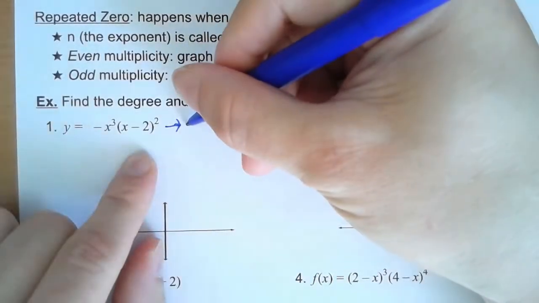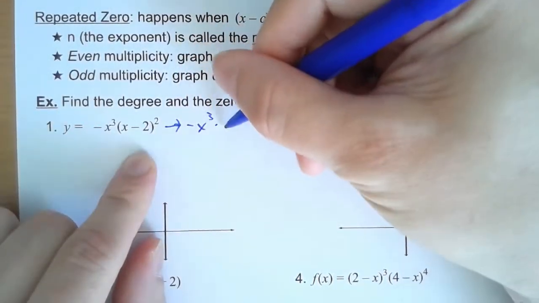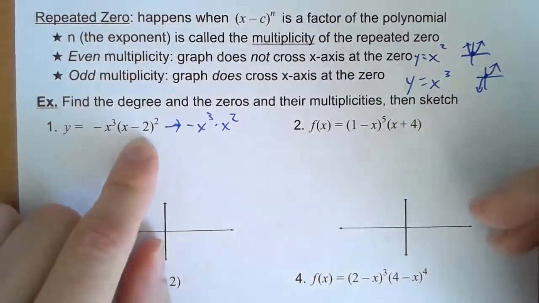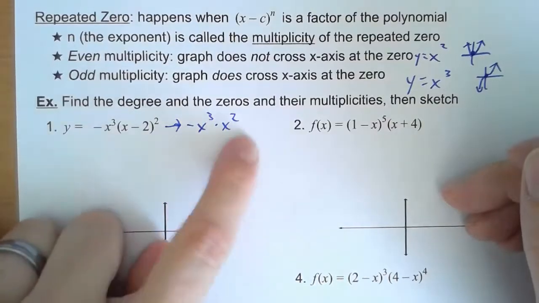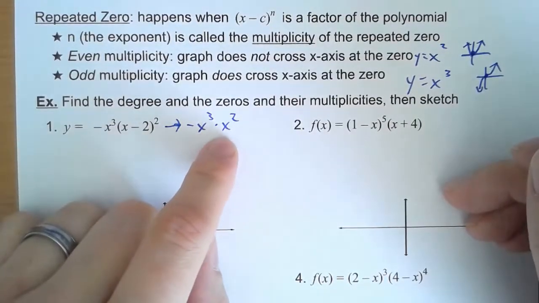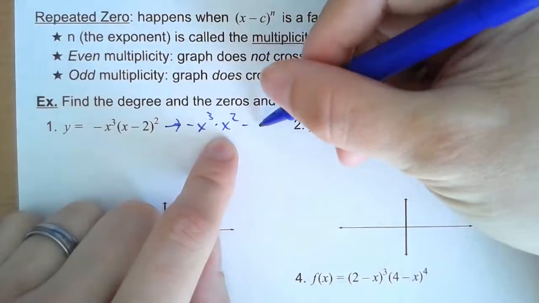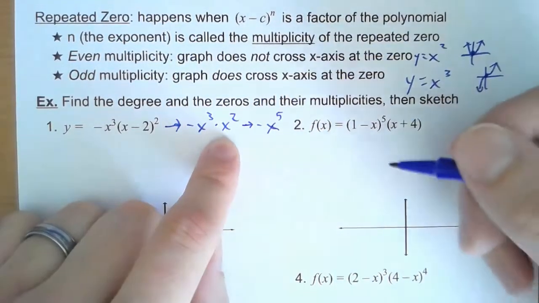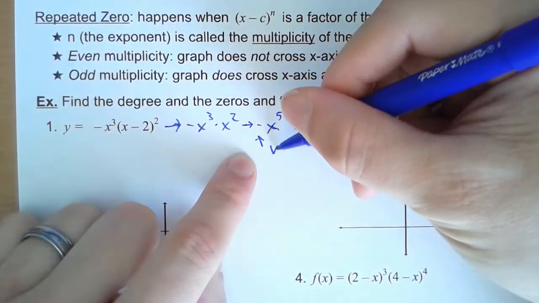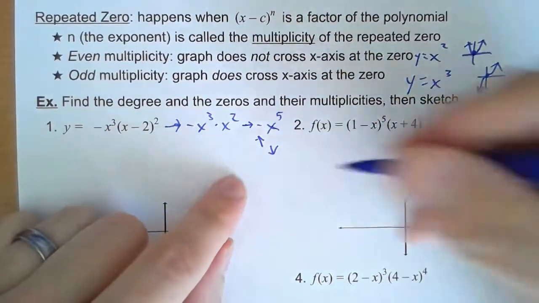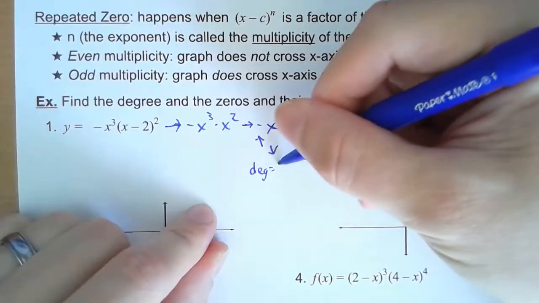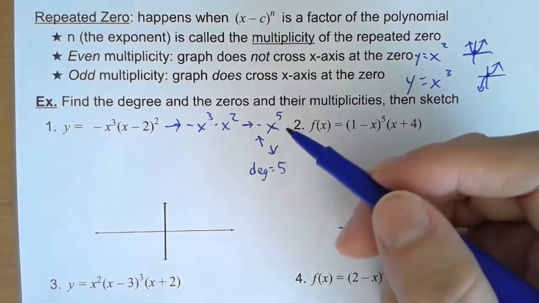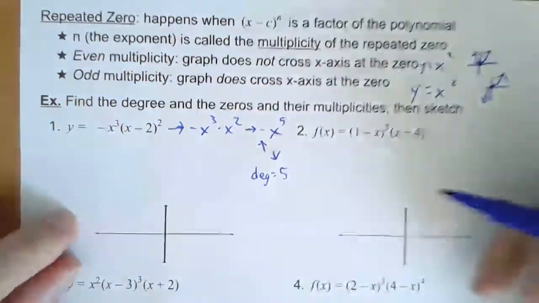You just want the negative x cubed times the x squared. Don't sweat the small stuff. Just ignore the constants and figure out these higher power terms. And so we're going to be getting negative x to the 5th. That tells me that it's going to be that kind of shape and that my degree is 5. Negative x to the 5th, like negative x cubed, like just negative x, the downhill line.